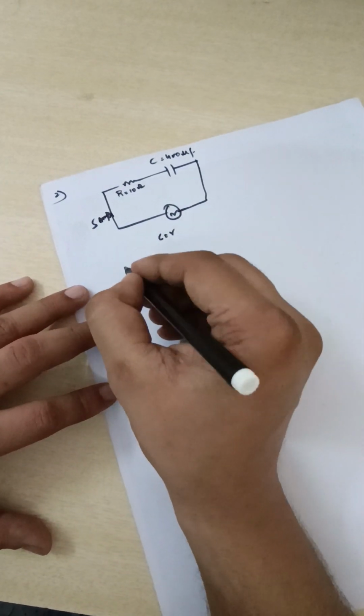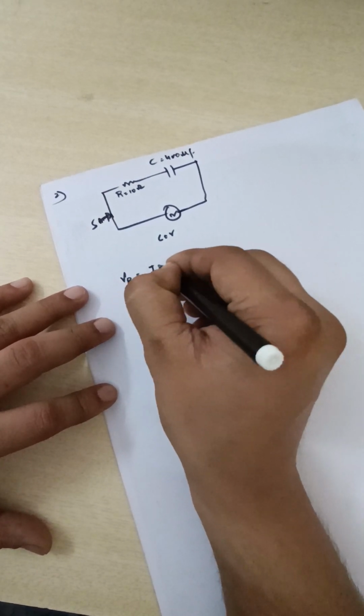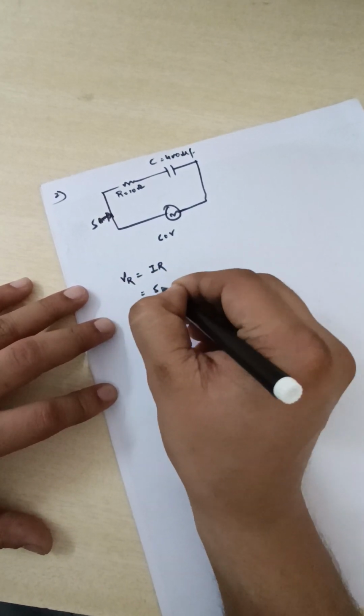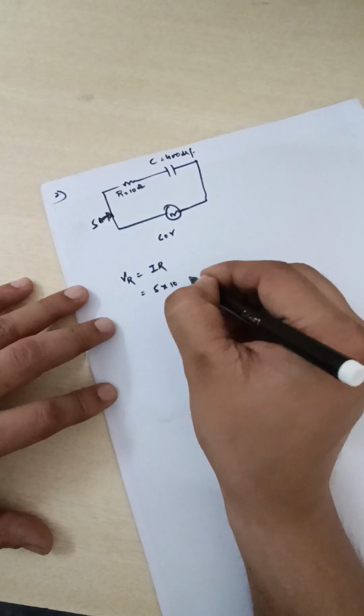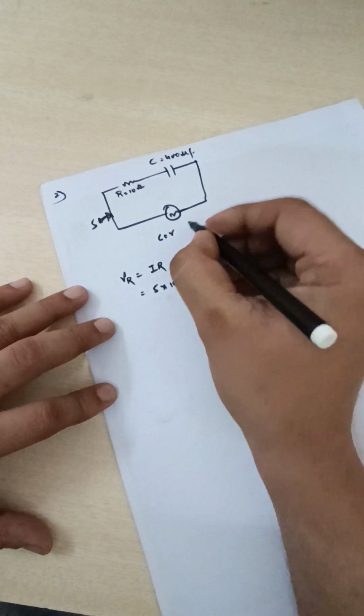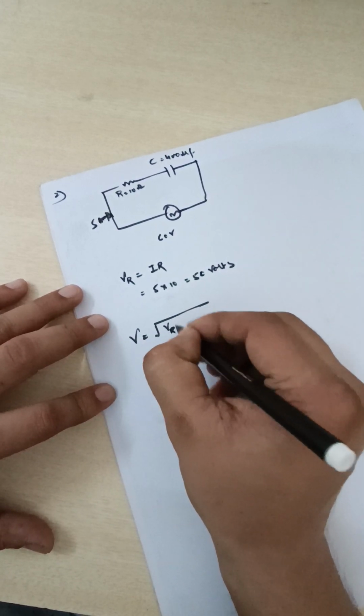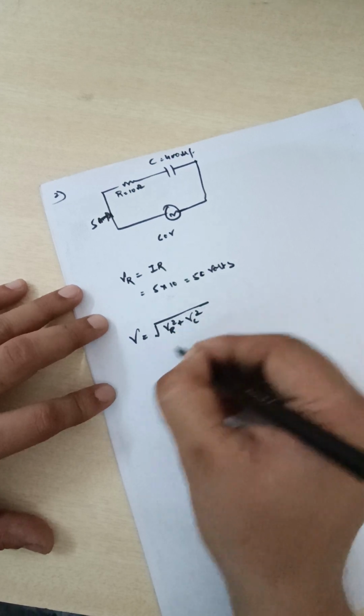So first of all, what I will do? VR. What will be the value of VR? I into R. What is I? 5. What is R? 10. So it will be 50 volts. We have the formula V square equal to VR square plus VC square.